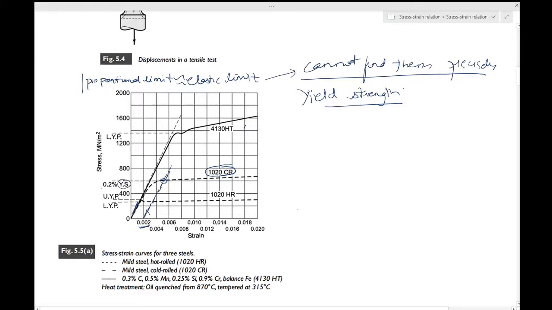This is called a 0.2% yield strength because that arbitrary plastic deformation which you have considered is 0.2%. You can also have a 0.5% yield strength, but 0.2% is what we want to go with over here.